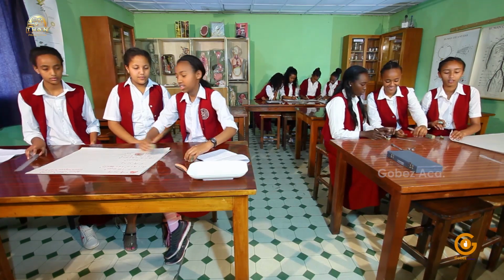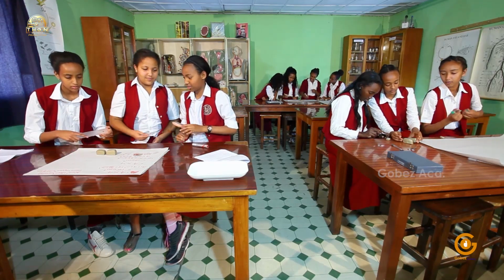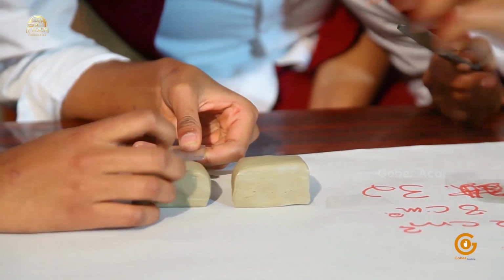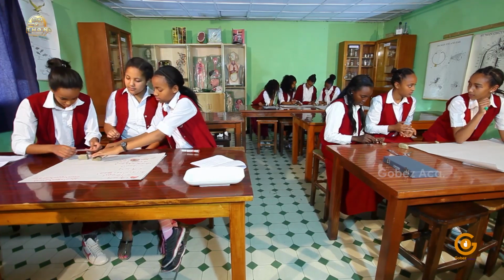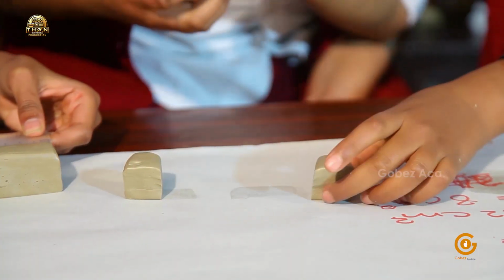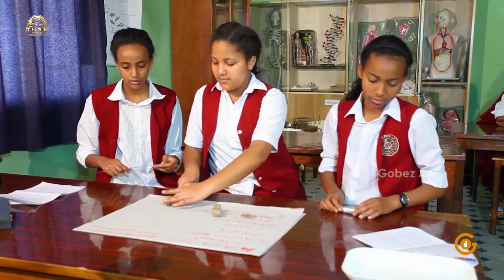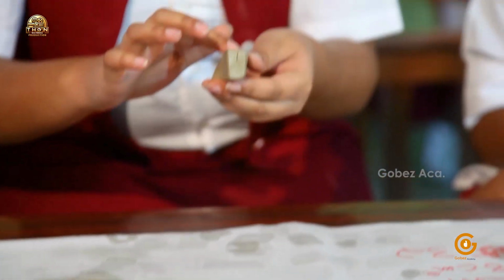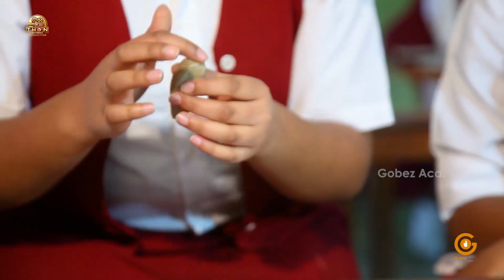So now let's cut these two again into two equal parts. I'll cut it for you. Now we have 4 smaller pieces, and for each piece we have 4 larger sides, which is 4 by 2, and 2 smaller sides, which is 2 by 2.